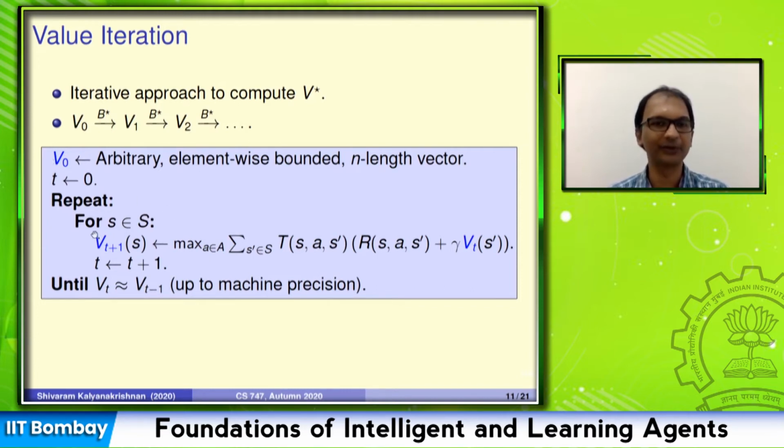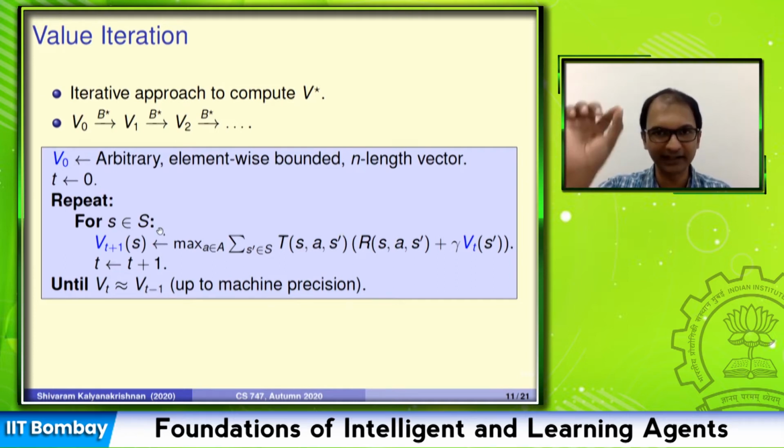You set Vt plus 1 of S, for each S, to be max over A, sum over S prime, T of S, A, S prime, times R of S, A, S prime plus gamma times Vt of S prime. You take your previous iterate. Essentially, what we are doing is applying the Bellman optimality operator, which calculates a vector. Therefore, in terms of pseudocode, you need to do one update for each element of this vector. By doing that, you go from Vt to Vt plus 1.